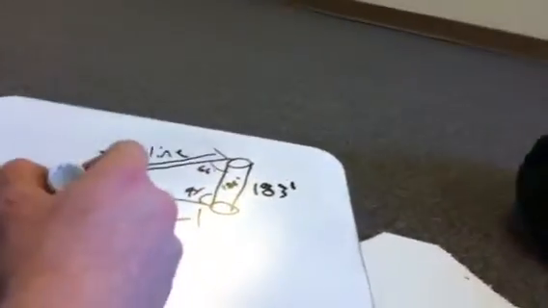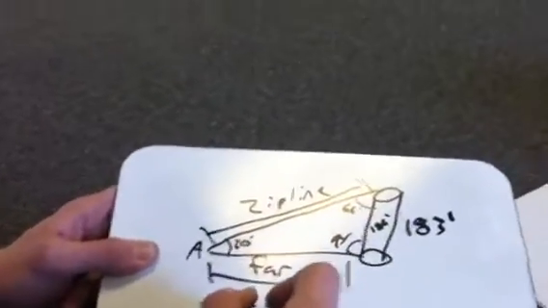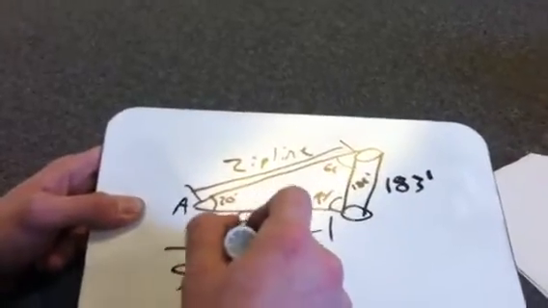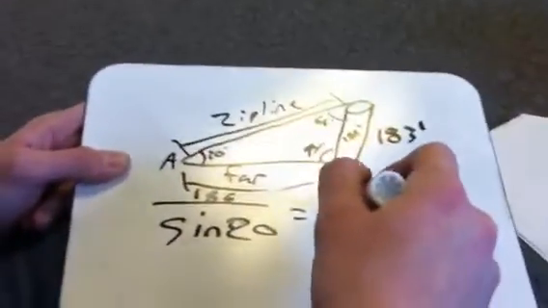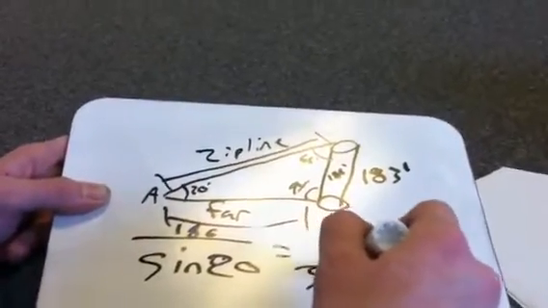And you would flip those like we did before, so you would have the sine of 20 under 186, which is equal to how far away you are over the sine of 66.